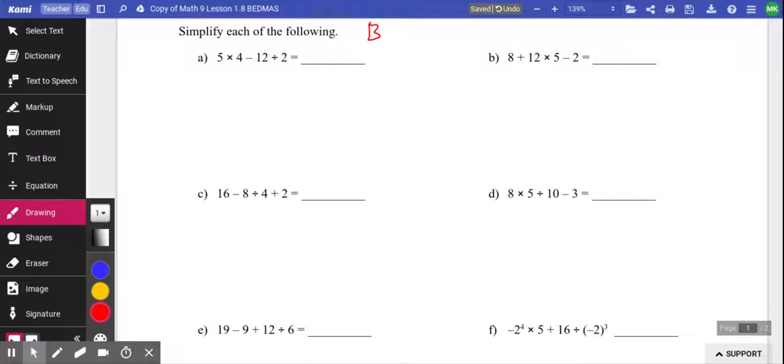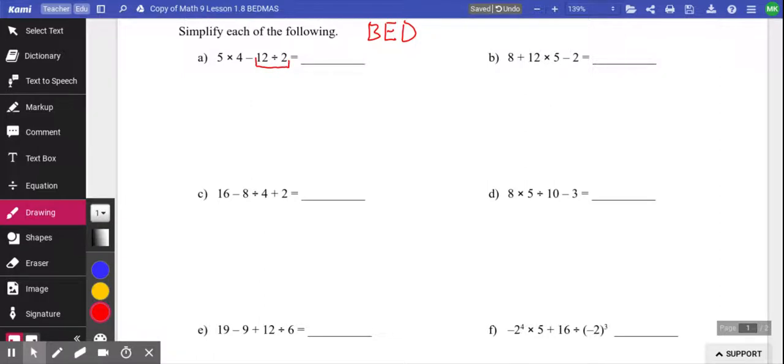The second thing is to calculate any exponent second. That's the E in BEDMAS. There are no exponents in this question. The third letter is to do D, which is division. If there's any division symbols in this question, you should calculate that first. We do have division. We have a division right here. We have 12 divided by 2.